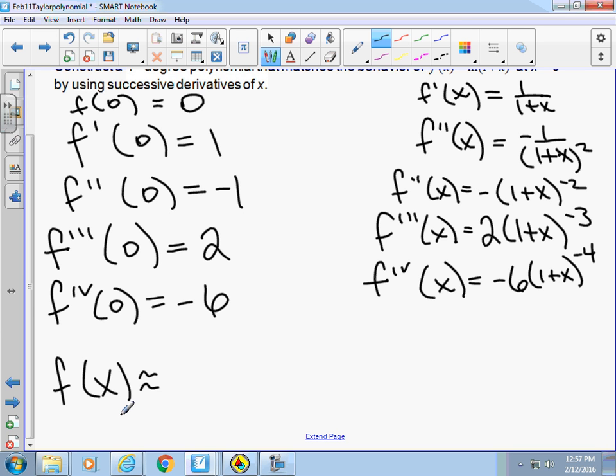Remember, natural log is a hard function to work with. I have no idea what the natural log of 2 is. You know what I mean? But if I can create a polynomial that's close, then I can find values of natural log that are close. So that's what our goal is. So f of x would be approximately a fourth degree approximation of that.